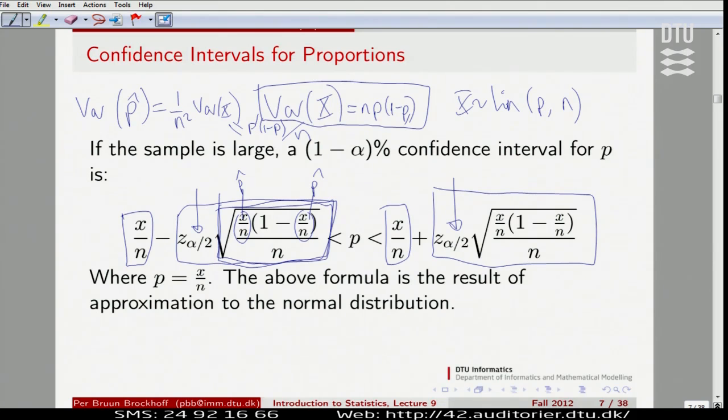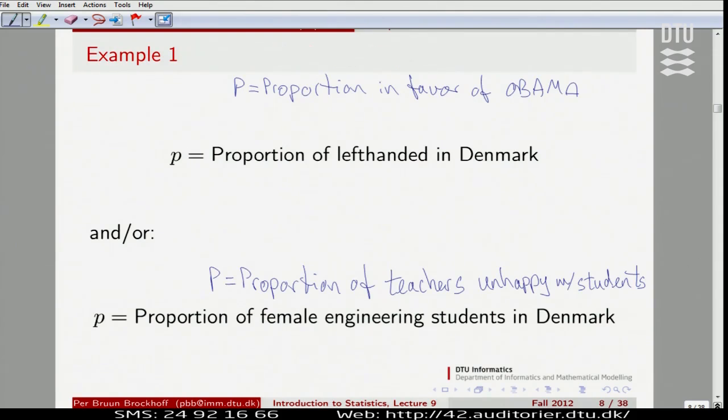At least this one works if both n times p and n times 1 minus p are at least 15. That was the rule for the de Moivre-Laplace formula, the approximating formula for the binomial and the normal distribution. A confidence interval.